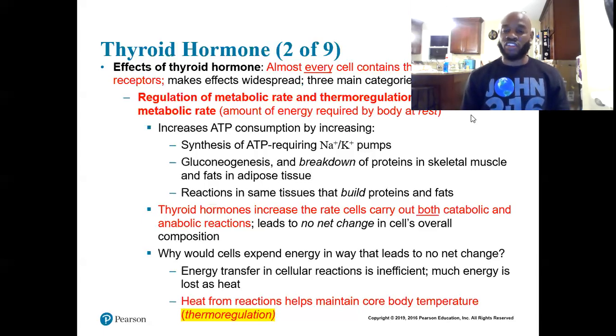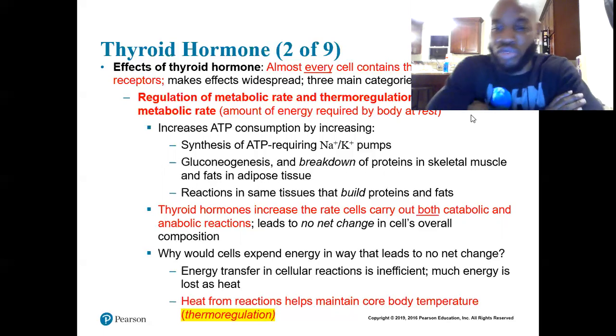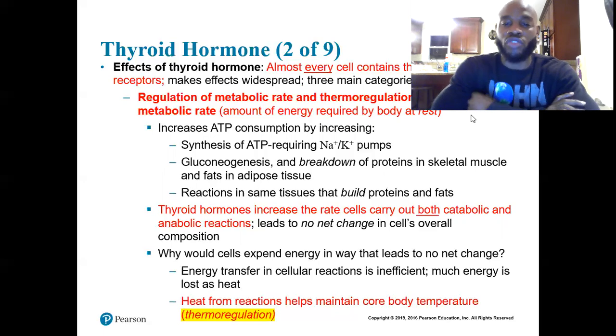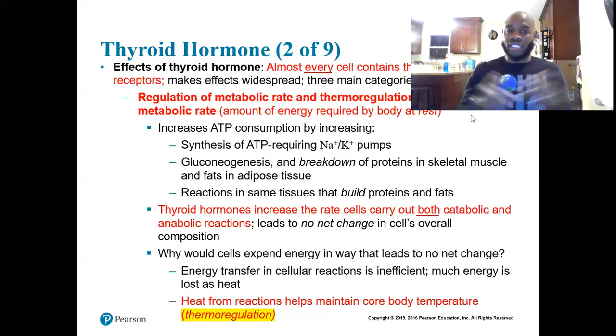Gluconeogenesis, breakdown of protein in skeletal muscle and fats in adipose tissue. So making glucose, breaking down fat, and the reactions are the same in tissues that build proteins and fat. So it causes these different reactions to happen.